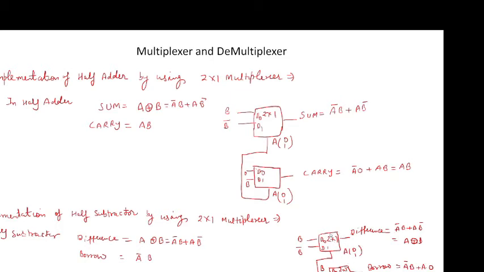In the first case, our input lines are B and B bar, and the select line is A. So your actual output will be as in the case of the half adder, and it comes out to be A bar B plus A B bar.